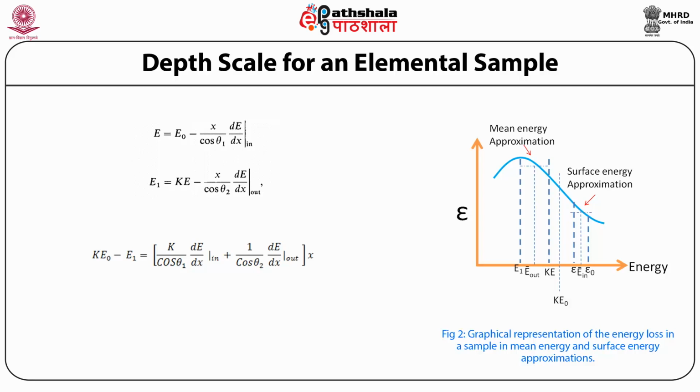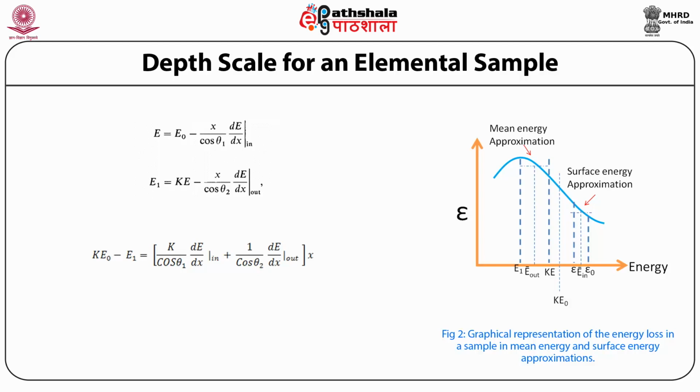The two integrals can be written as E = E0 − x/cos θ1 (dE/dx)in and E1 = KE − x/cos θ2 (dE/dx)out, where the subscripts in and out refer to the constant values of dE/dx along the inward and outward paths.